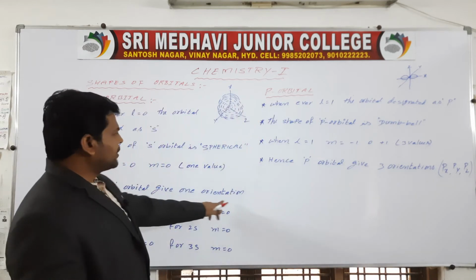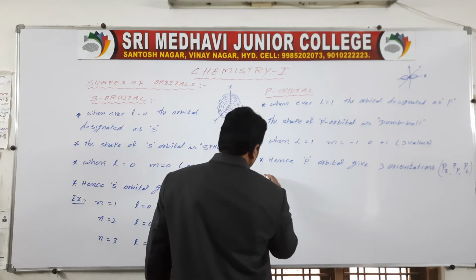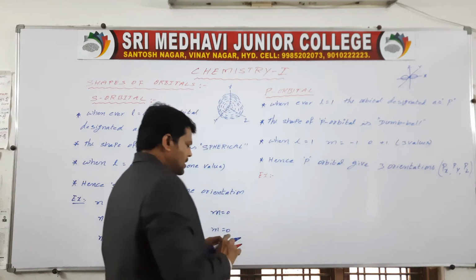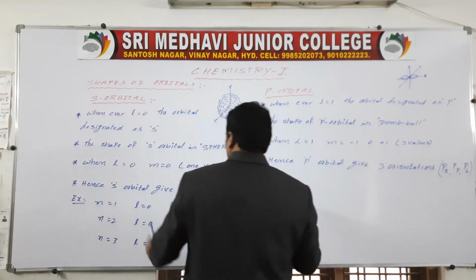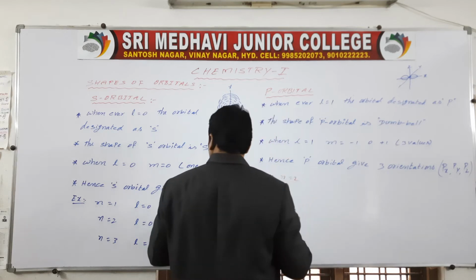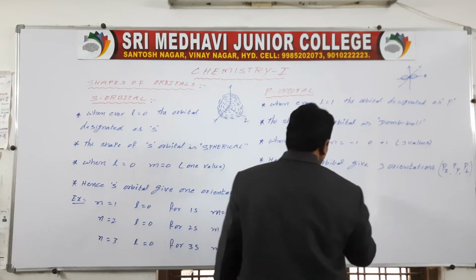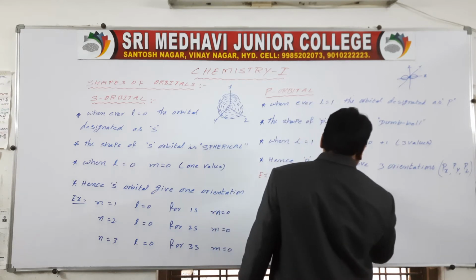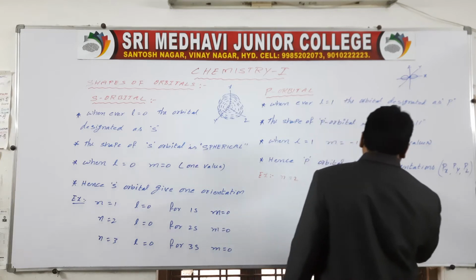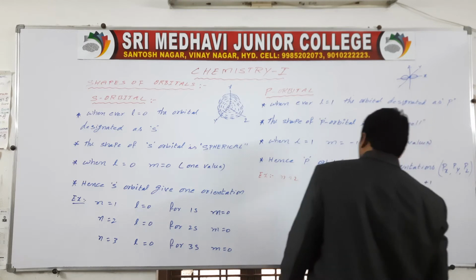So s orbital gives one orientation. For example, n is equal to 2 means l is equal to 1. For 2p, m values are -1, 0, +1.